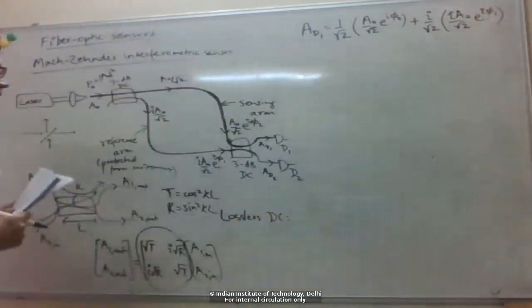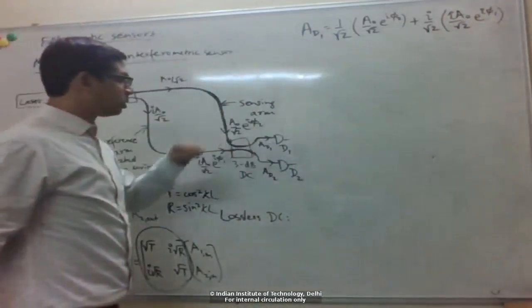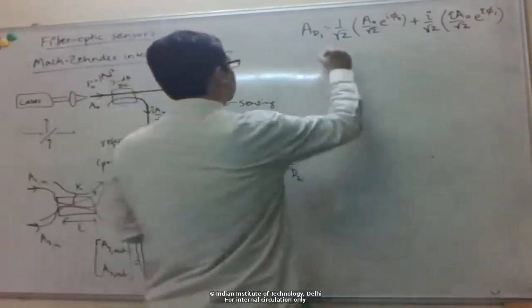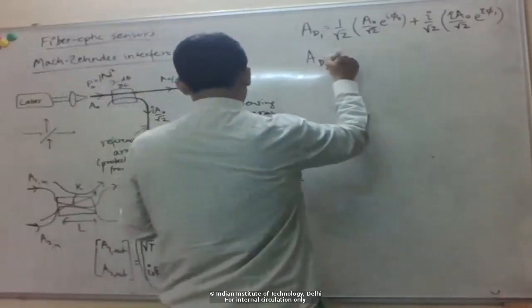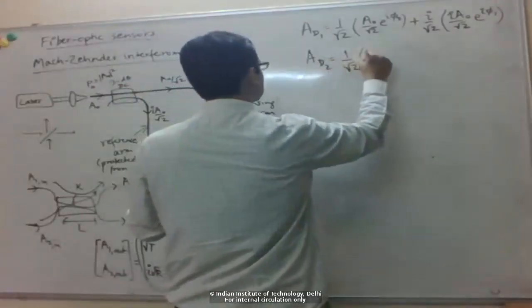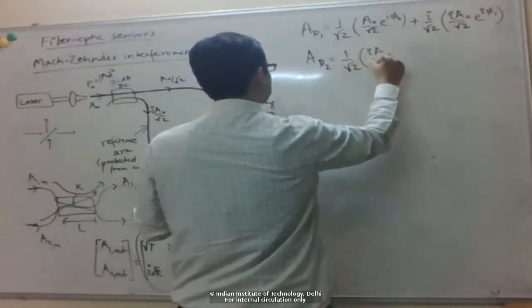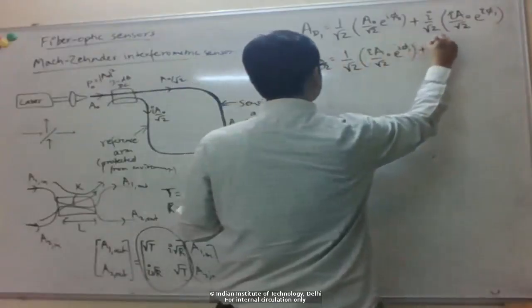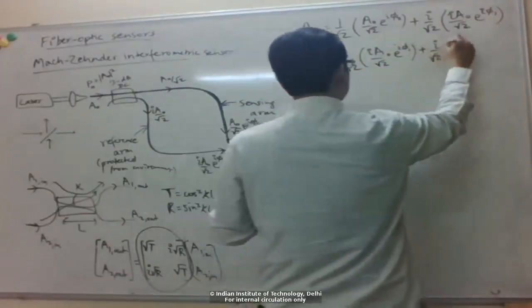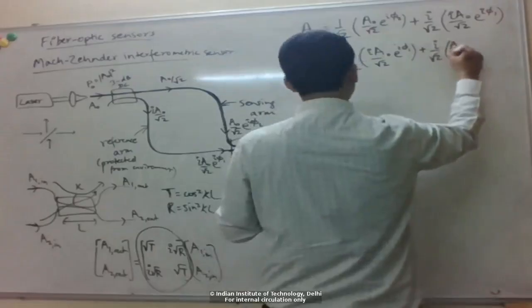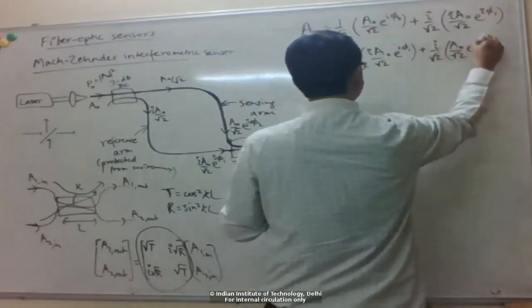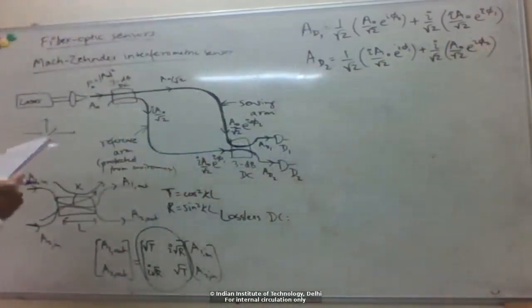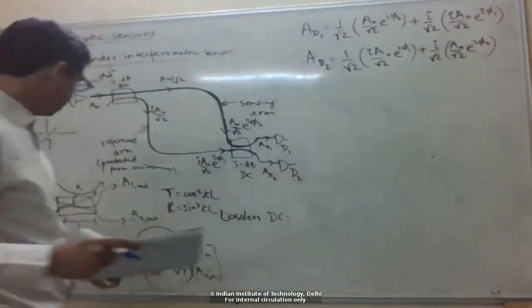Okay, so that's my amplitude coming to detector D1. Similarly A_D2, just coming from.